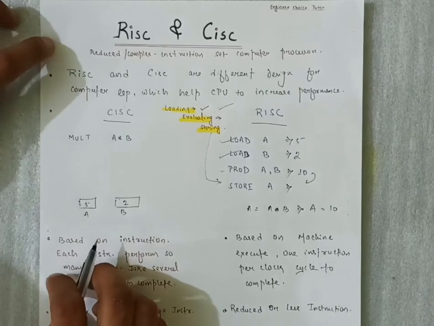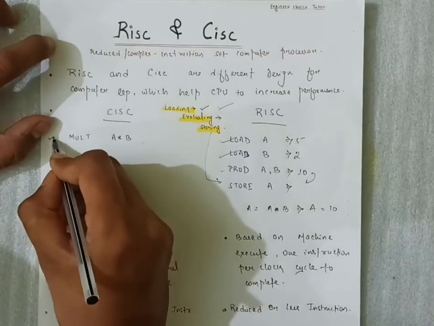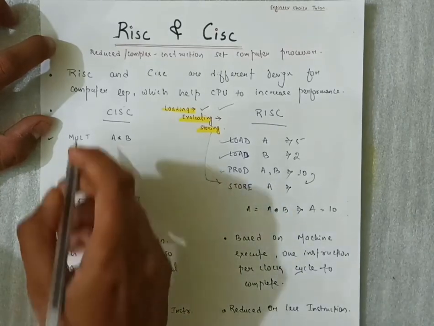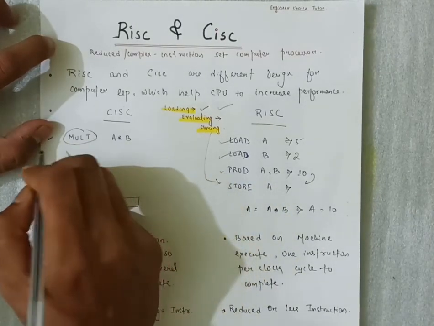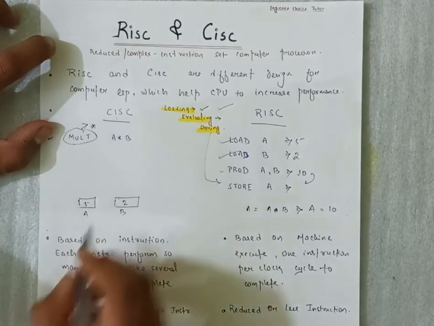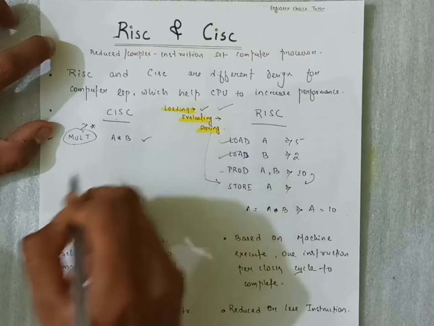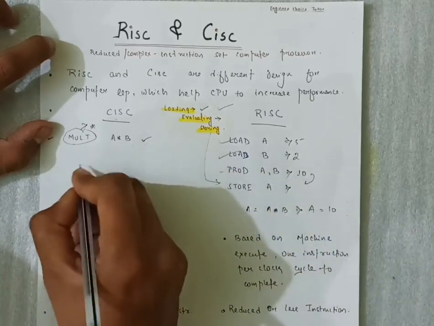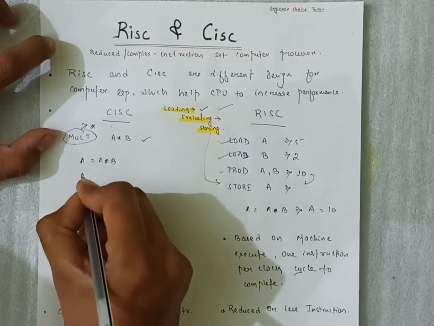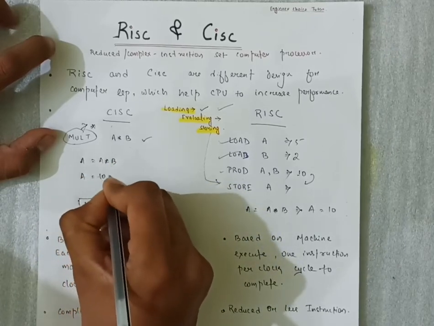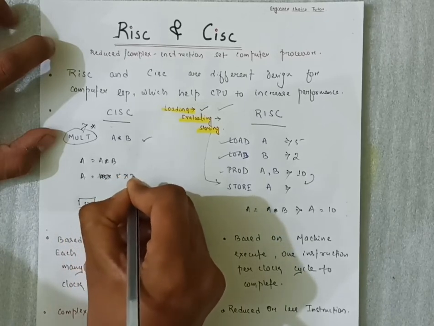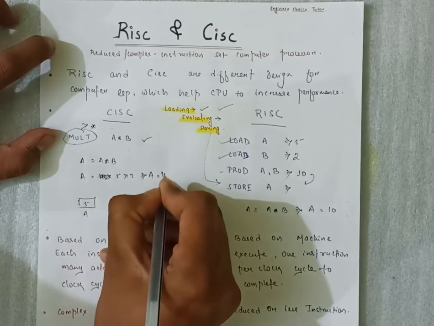And coming to the CISC part, in simple machine language it is given multiply of A into B, means we already know the meaning, multiplication we have to do. A into B, in a single line statement we can approach directly, that is A equal to A into B. So the value of A will be 5 into 2, that will be 10.